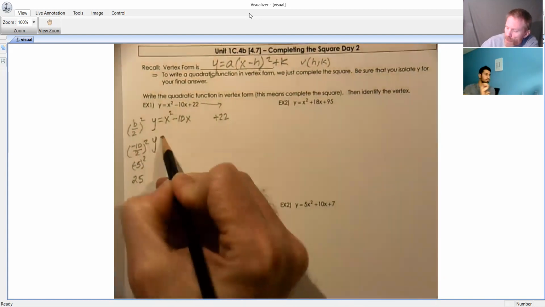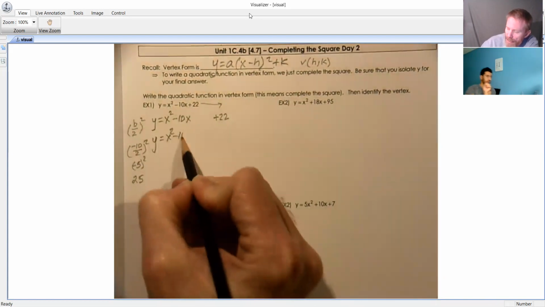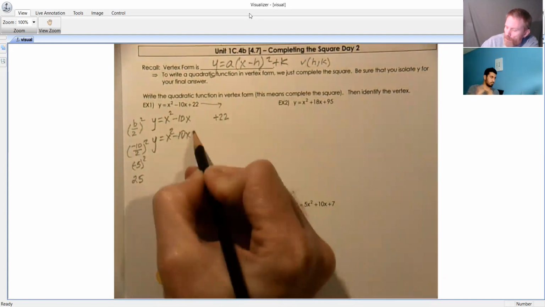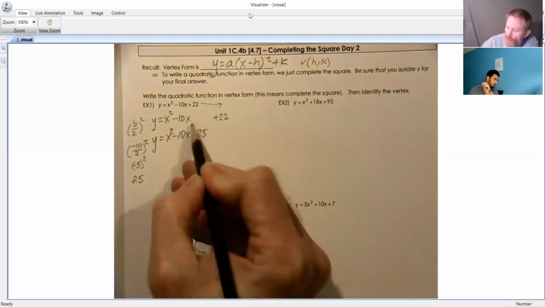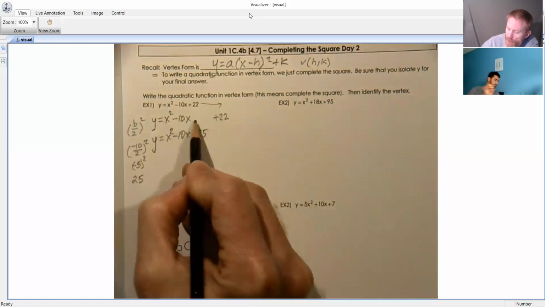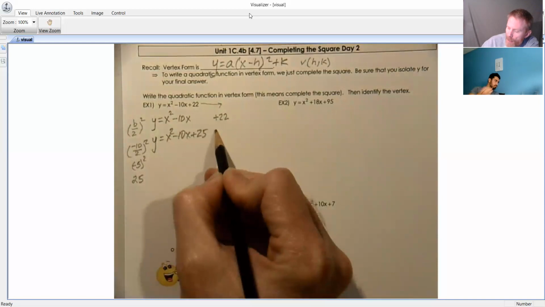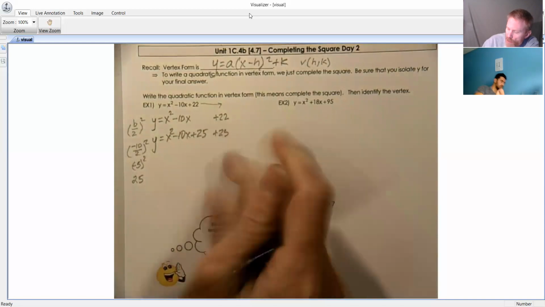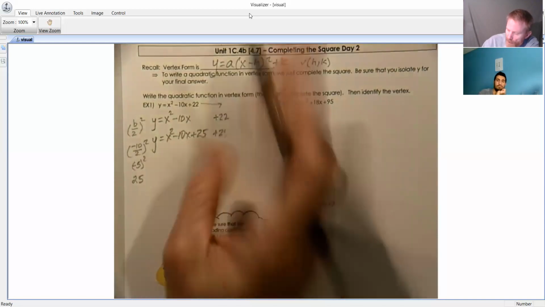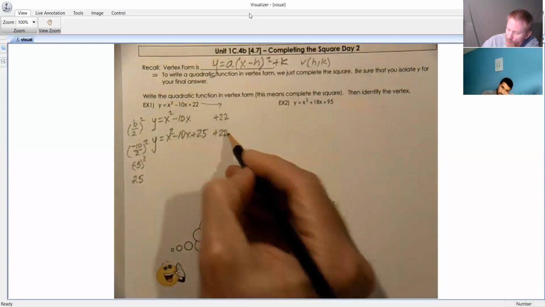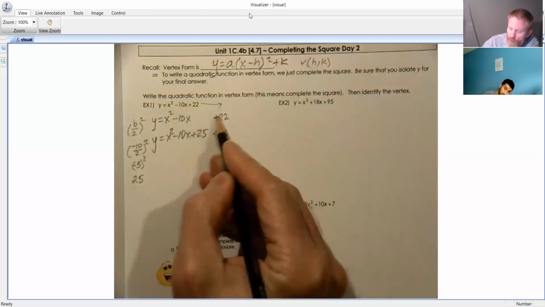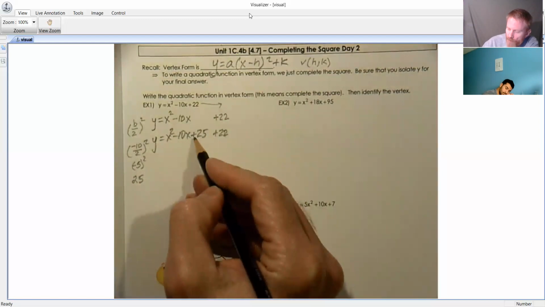So you would probably write it right in the blank area. But I want to show you that it's two different thoughts. You have the thought here where it's blank, and then you have the thought when you plug it back in. Now we're adding the 22 because all we did was push it off to the side to make room for our new c value.